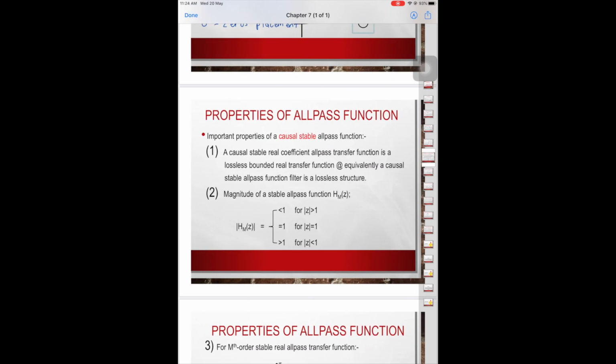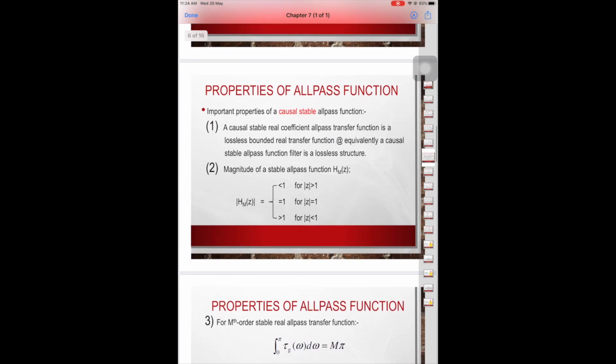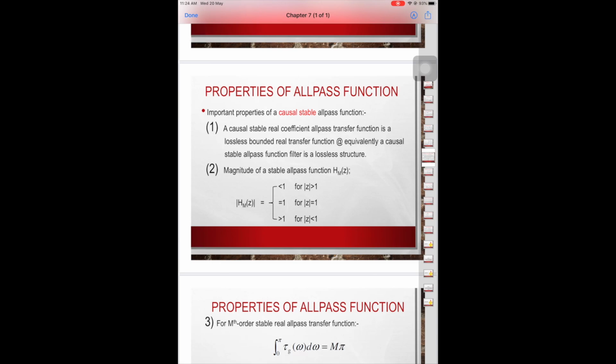Next we move to the property of all-pass function. We have 3 important properties of a causal stable all-pass function. In chapter 7, we must make sure our transfer function is a causal function, and at the same time the function must be a stable function. If you still remember, causal means the signal is a right-sided sequence, in other words it is in the right-sided region.